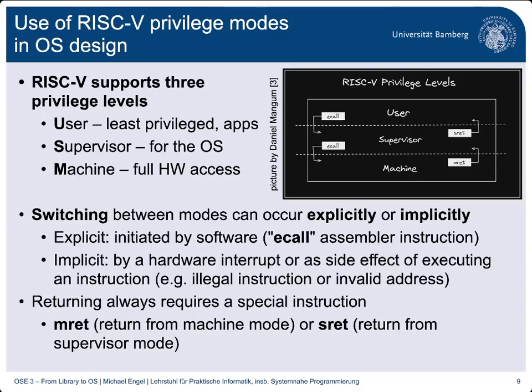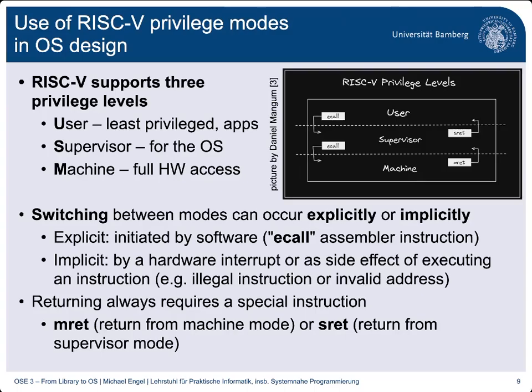And so this additional machine mode enables us to do exactly this. Now ignore the hypervisor and running multiple operating systems at once, because, well, we only want to run and write one operating system now. So what we need is to switch between these modes, for example, from user to supervisor mode. And we've just seen we can do this explicitly.